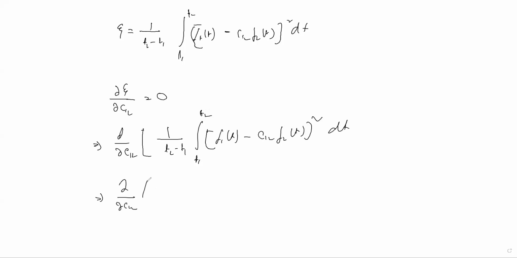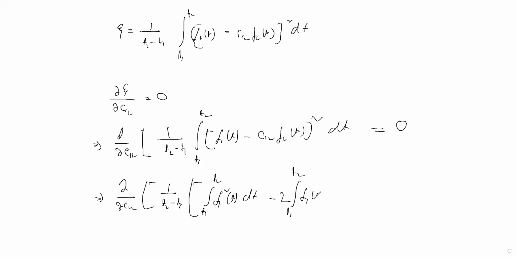Dou by dou C12 of 1 by T2 minus T1. You can write this using the square formula (A minus B): integration T1 to T2 of f1 square(t) dt, minus twice AB, that is, twice f1(t) f2(t) times C12, plus B square, which means C12 whole square.